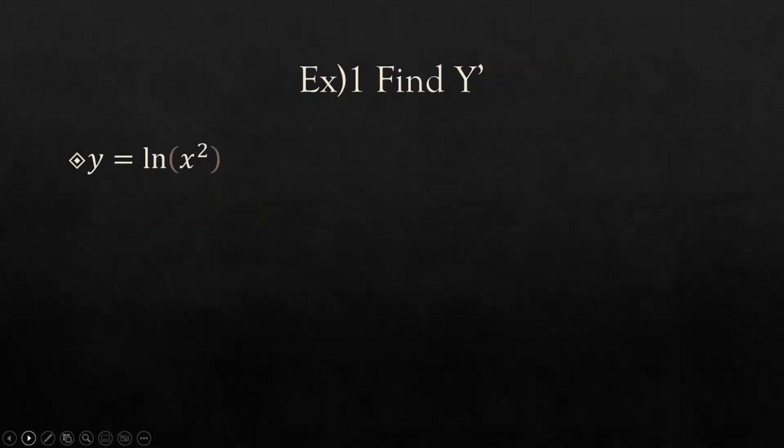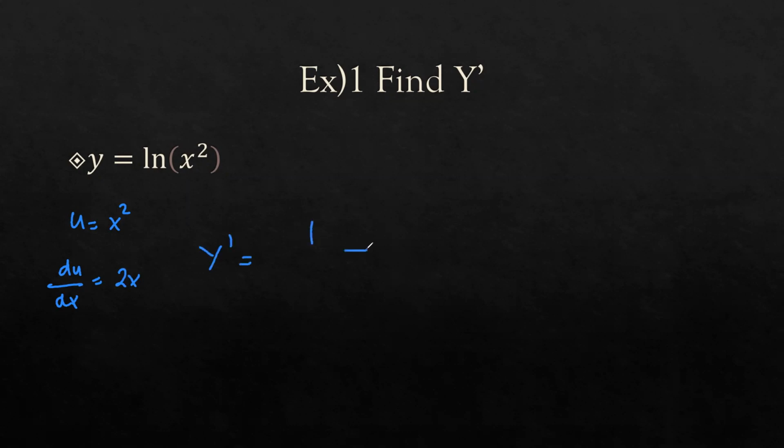Example 1 says find y prime. Our parentheses is not x, so our u is going to be x squared, and du dx is 2x. So you can say y prime equals, you put a 1 on the numerator because that's part of the rule, and then whatever your u is, and then times it by du dx.